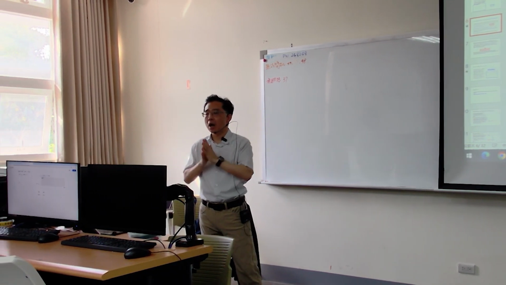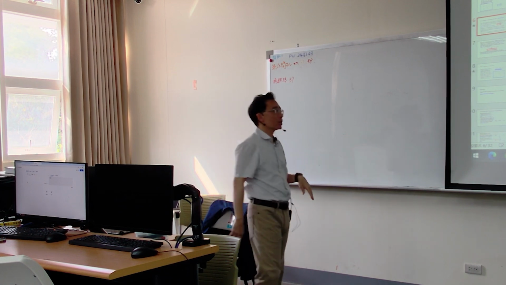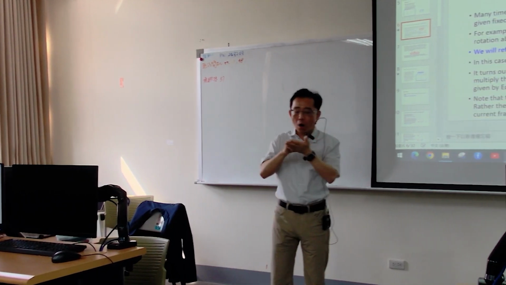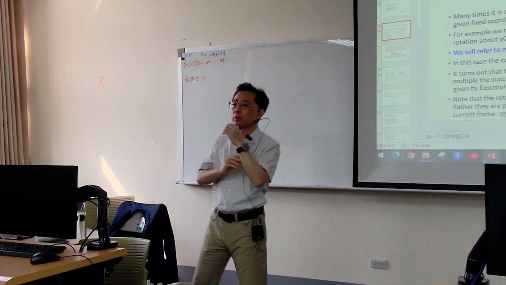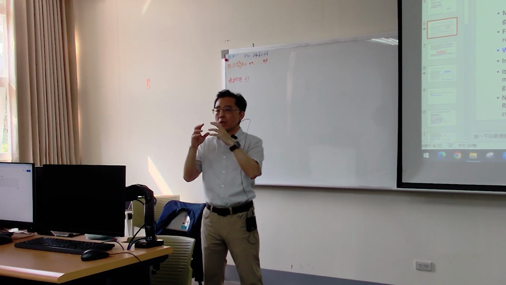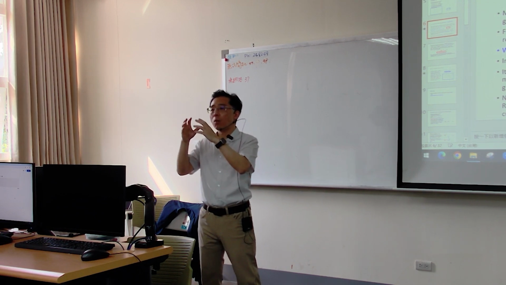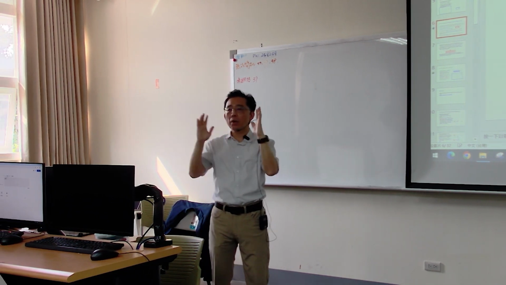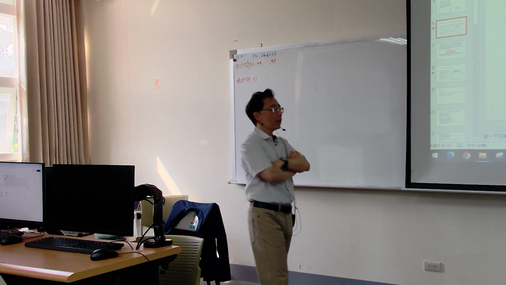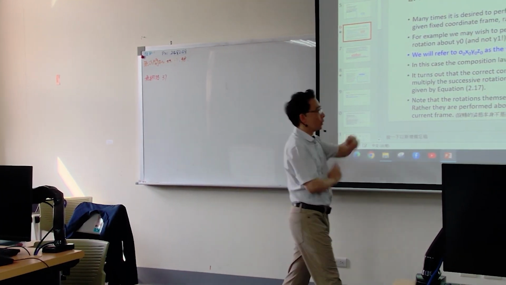This is the combination, the final rotation matrix. So it includes R10. I rotate from frame 0 to 1. Then I rotate from 1 to 2. So when I combine these two together, then I have the final rotation matrix R20 over here.